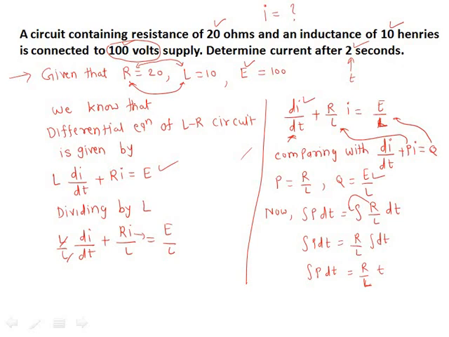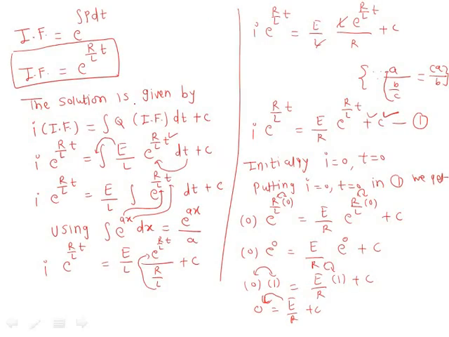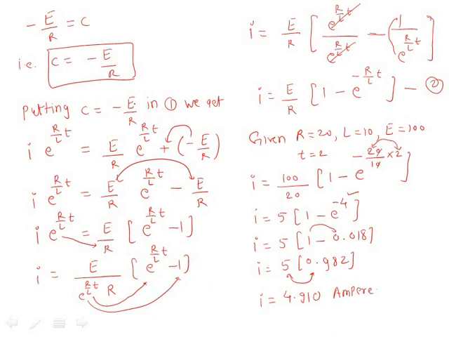So we have to only see what is given out of LCR. Here LR is given, so we have to use the differential equation of the LR circuit. We have to solve that differential equation completely along with the value of C, and at the end we will put all the given values to get the final value of current I, that is 4.910 ampere.